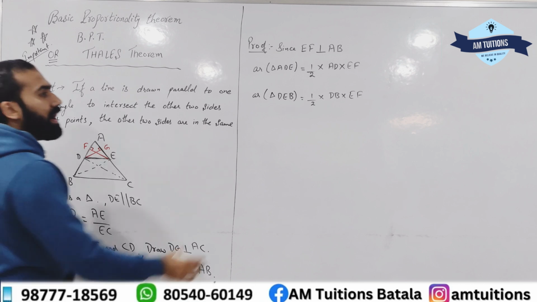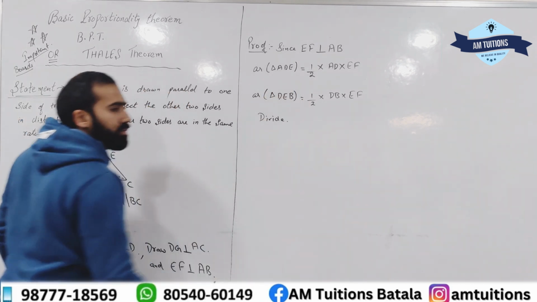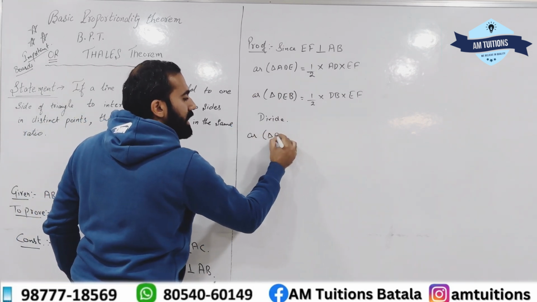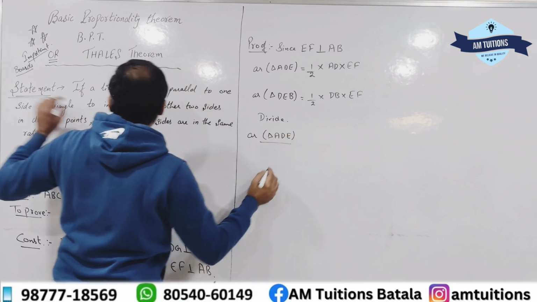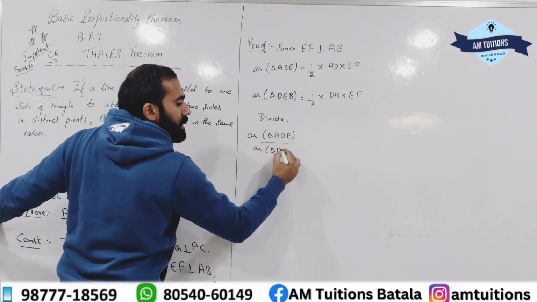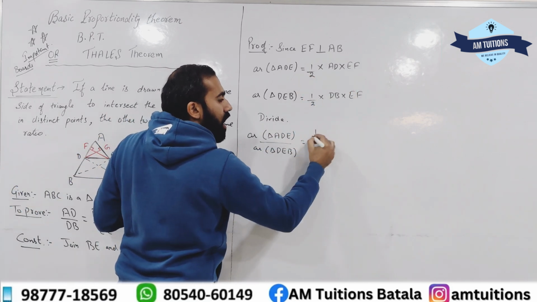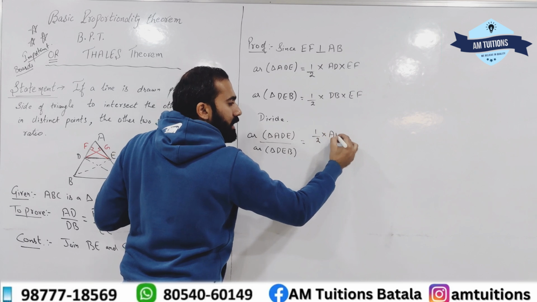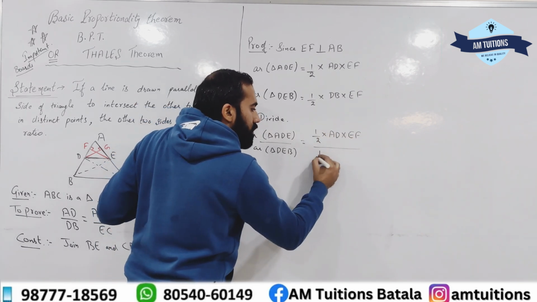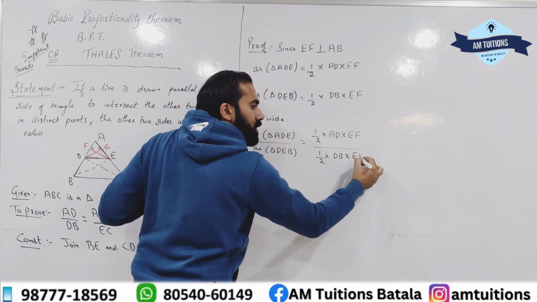Now divide these two terms, so if you will divide these two equations, you will get area triangle ADE over area triangle DEB is equal to the right hand side, that is half AD into EF over half DB into EF.